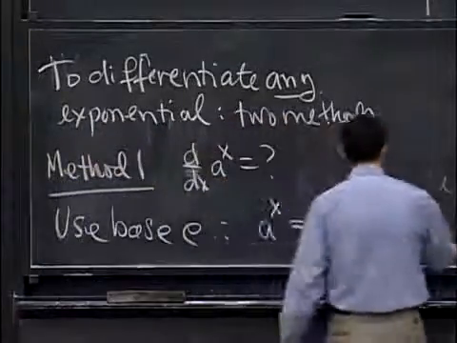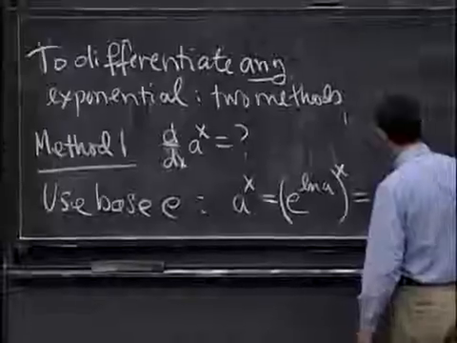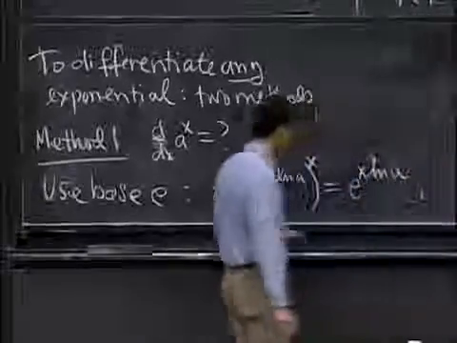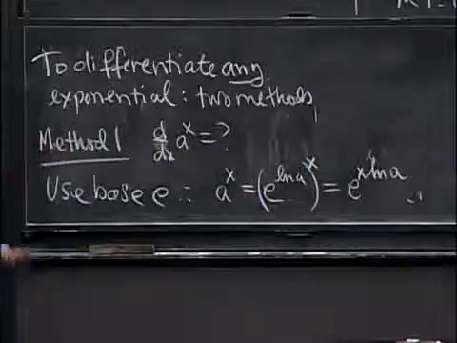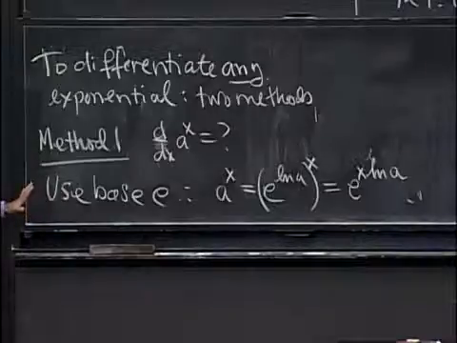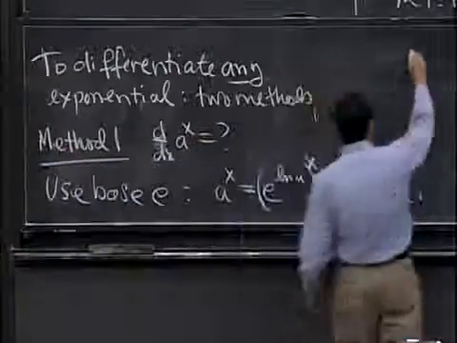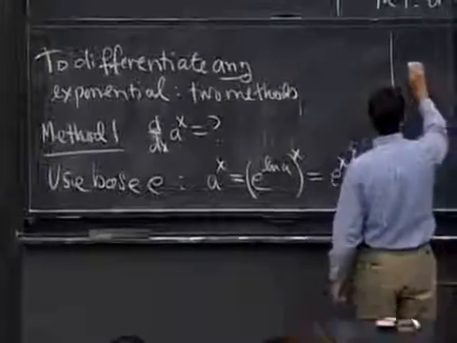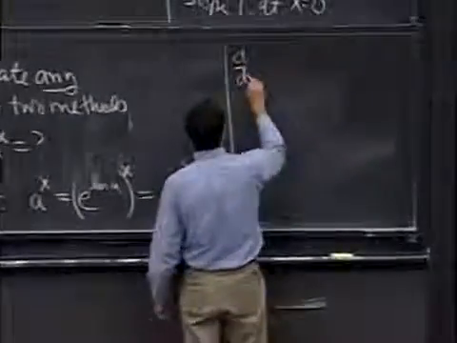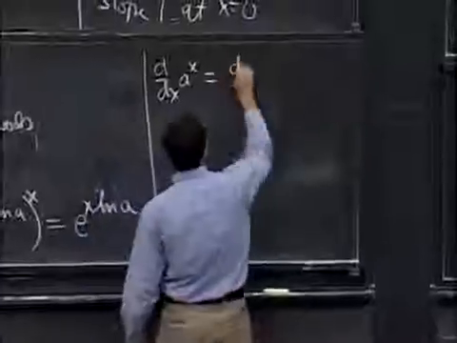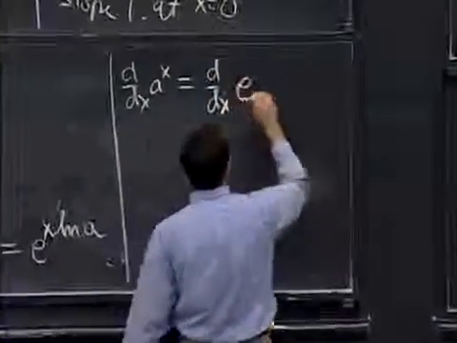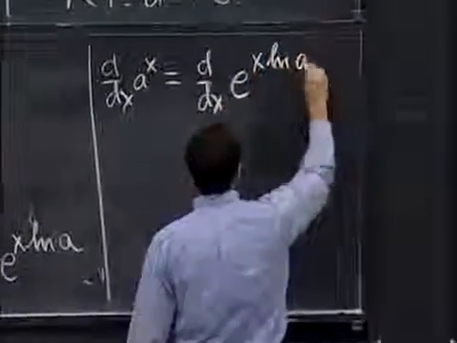And that is just e to the x log a. All right, so we've made our conversion now to base e, an exponential of something. So now I'm going to carry out the differentiation. So d by dx of a to the x is equal to d by dx of e to the x log a.